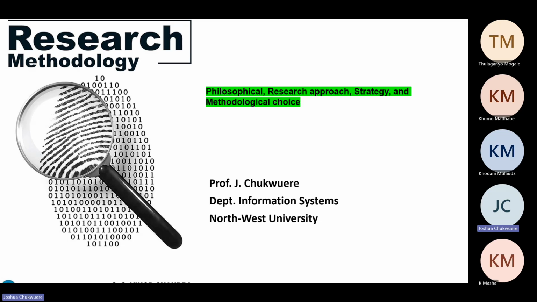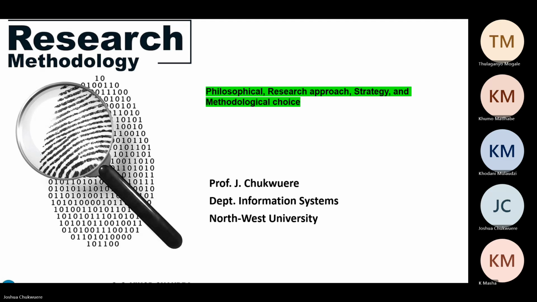And that process lies within some of these components. Let me say it up front: we're going to be talking about the core component of research methodology, which involves your philosophical stance, research approach, strategy, and methodological choice. That is what we're going to be seeing today.